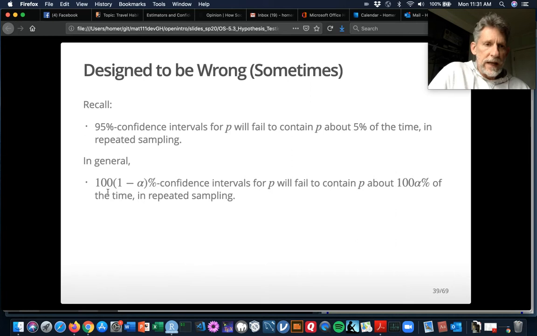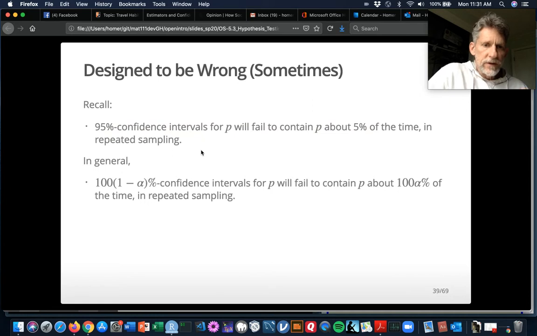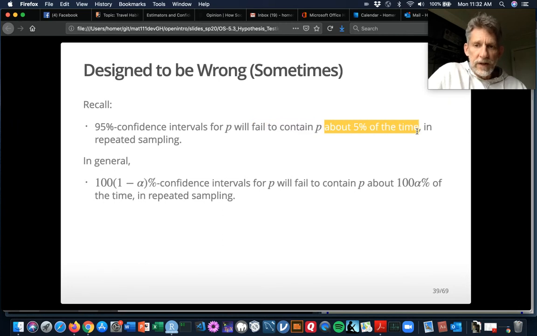And that's by design. We designed it so that 95% confidence intervals for P would contain P about 95% of the time in repeated sampling. But that means that they're going to fail to contain the population proportion about 5% of the time in repeated sampling. There's nothing wrong about that. That's just how they're designed.